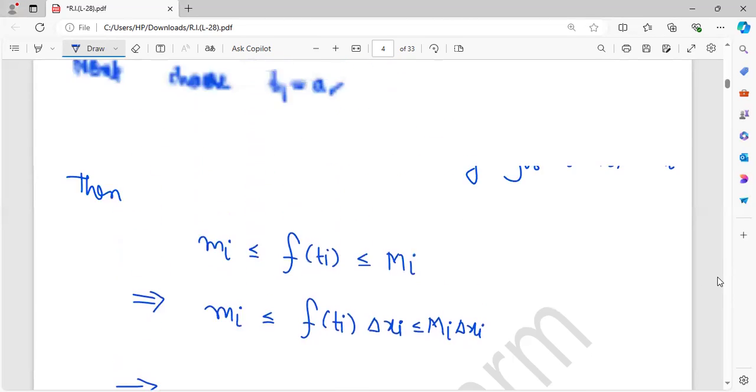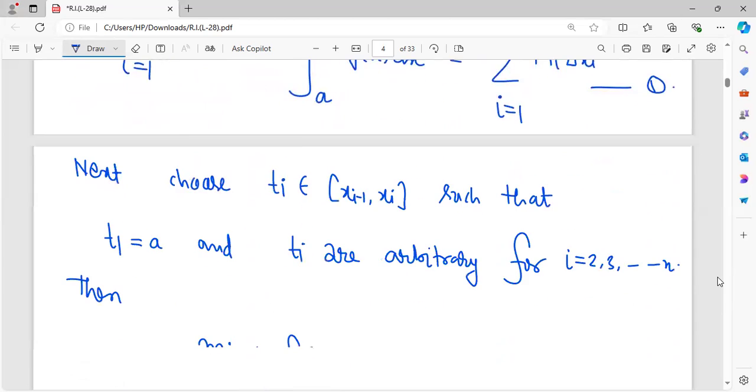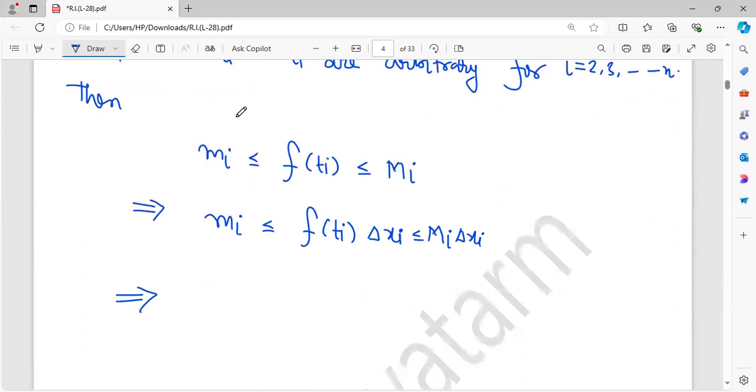This is not f, this is g. Now we are multiplying with delta xi.